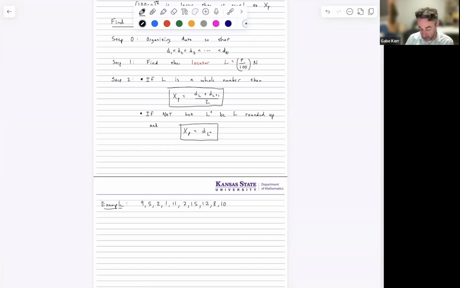These are all distinct numbers. I'm not repeating a number more than once. And let's find the 30th percentile, the 45th percentile, and the 50th percentile.